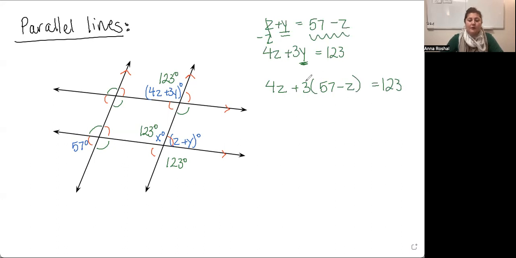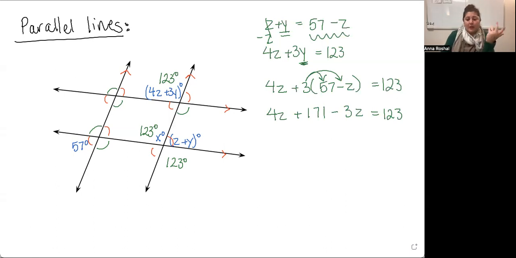Now, we know that we're going to need to distribute this guy here. So we're going to end up with 4Z plus 171. Why does that not look correct? That is correct, because 3 times 57 is 171, okay? And then minus 3Z equals 123.